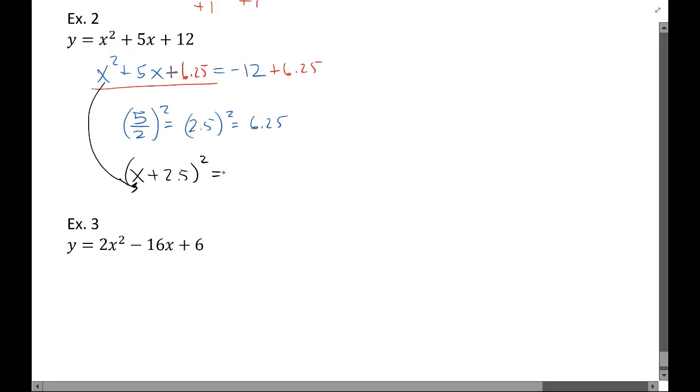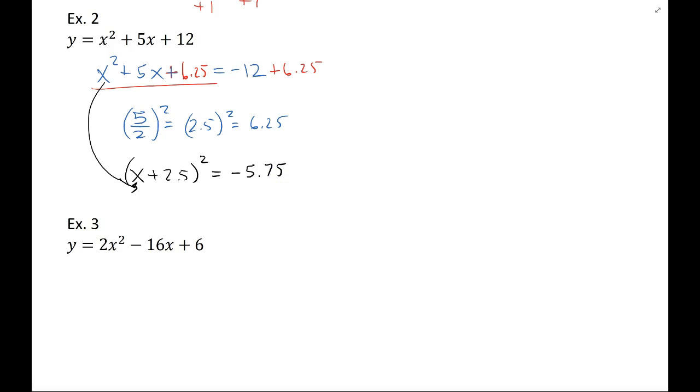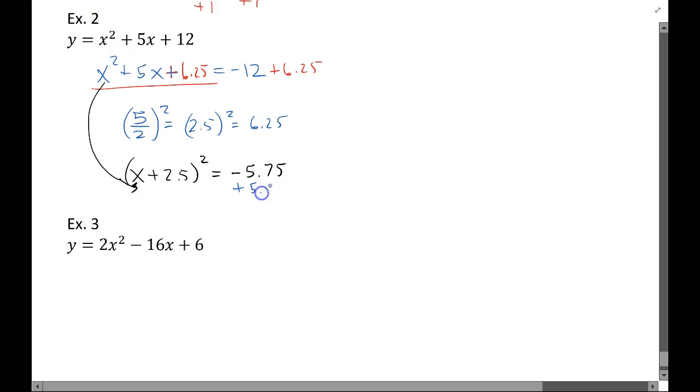And then on our right hand side, negative 12 plus 6.25 gives us a negative 5.75. When you add this to both sides to set our equation back equal to 0, we get a final equation of y equals x plus 2.5 squared plus 5.75.